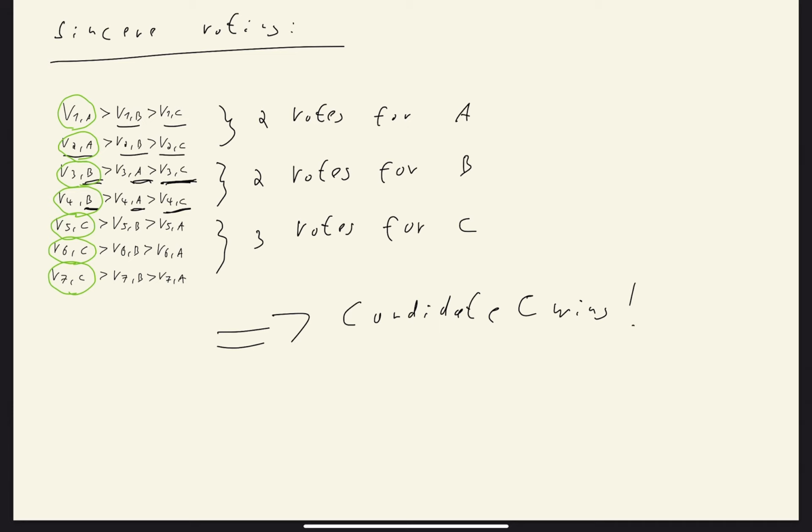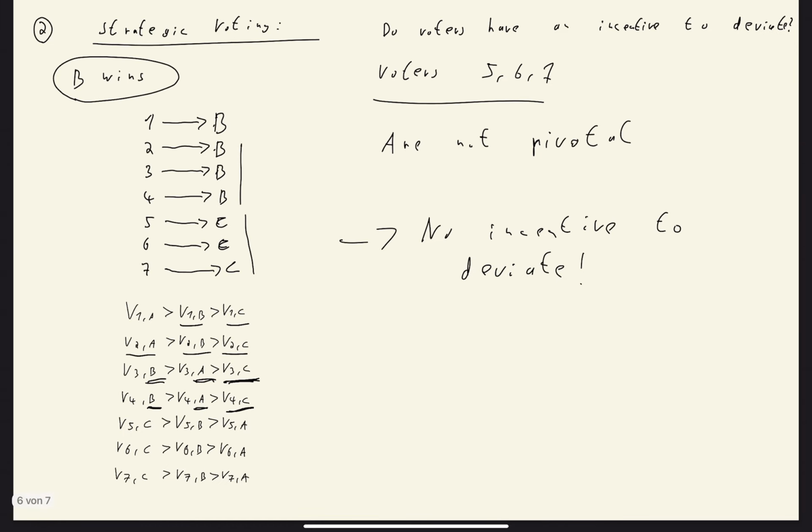But what I showed you before are two situations where first A would win, and then B would win due to strategic voting. So if individuals are not voting according to their preferences, just to make sure that either their most preferred candidate is winning, or at least their least preferred candidate is not winning.